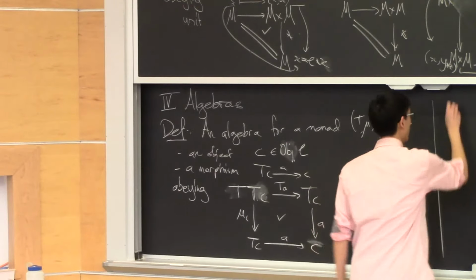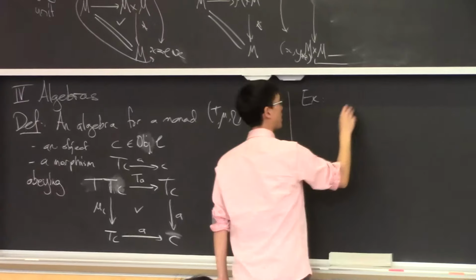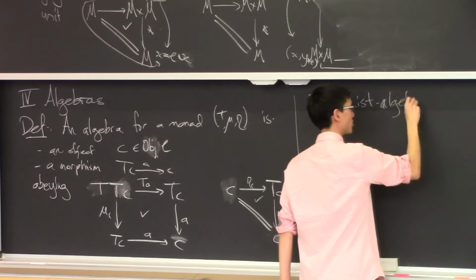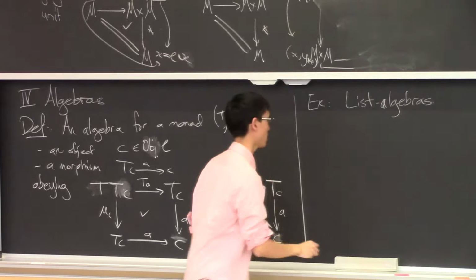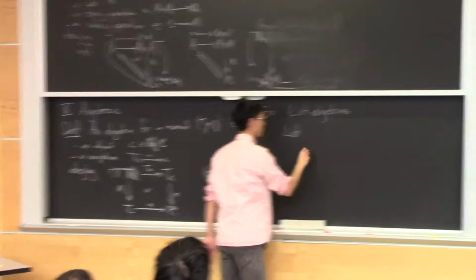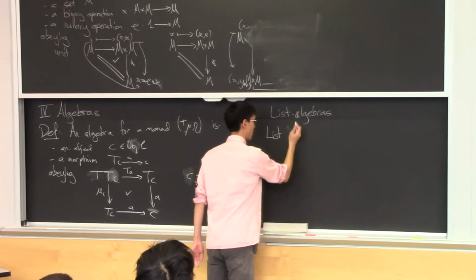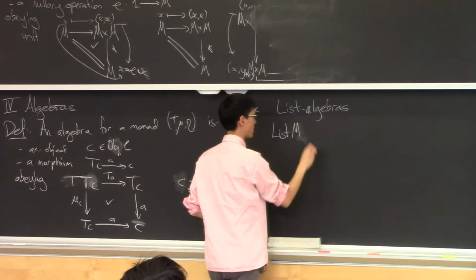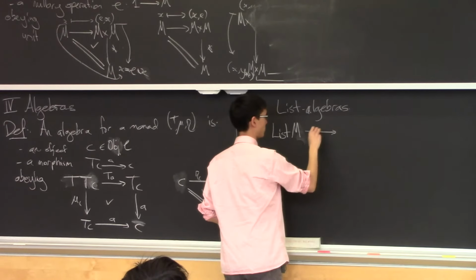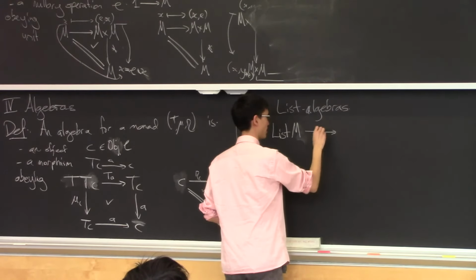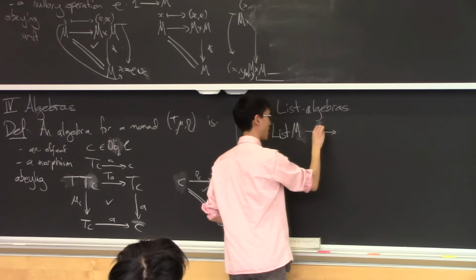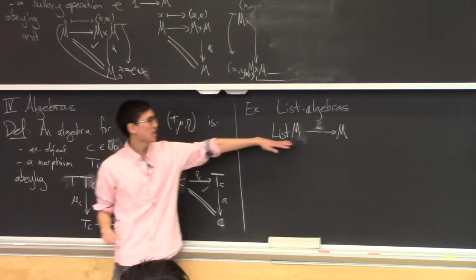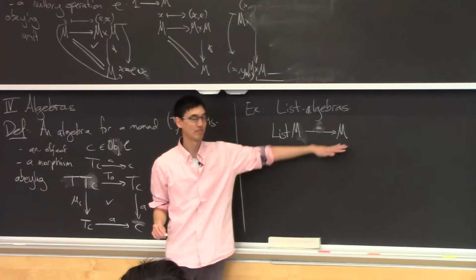So let's, for example, talk about list algebras for the list monad. So what this is saying is that I need a map from, let's call the carrier M, and then the structure map, let's just call it A. So a list algebra is a map from list M to M. Is M a set?